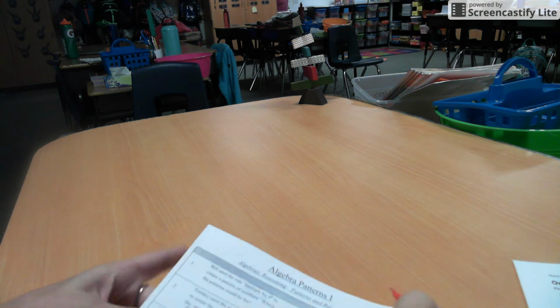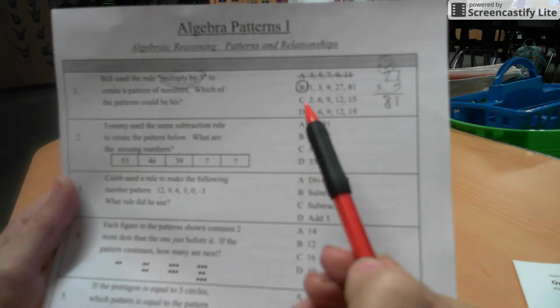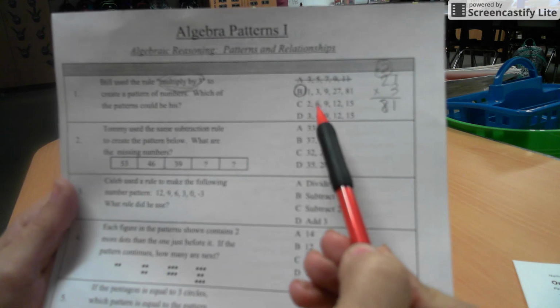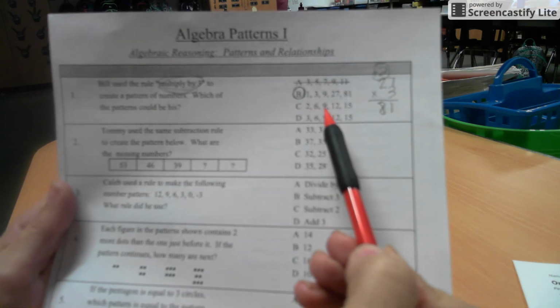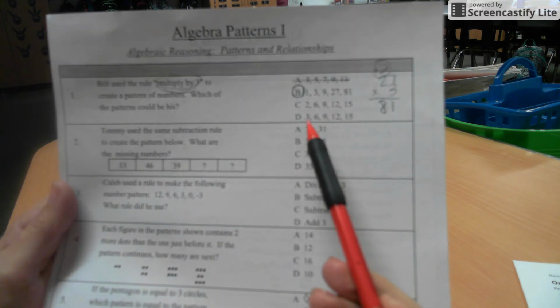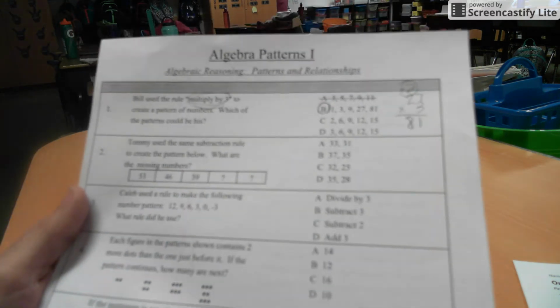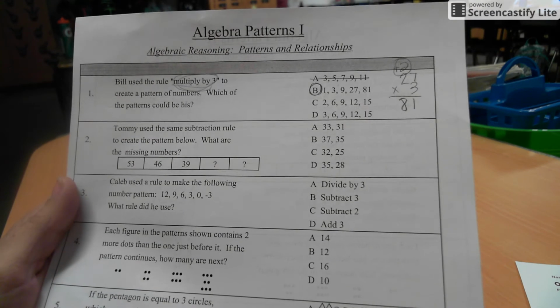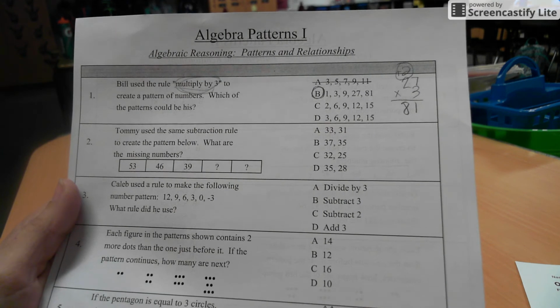So you can circle that one, because I know 2 times 3 is 6, but 6 times 3 is not 9. So I know it's not that one. And 3 times 3 is not 6. So go ahead and get that written down. Sorry, it was a little blurry. There we go. All right, then we're going to flip it over.